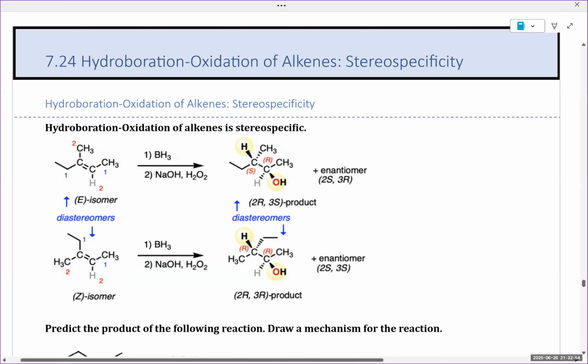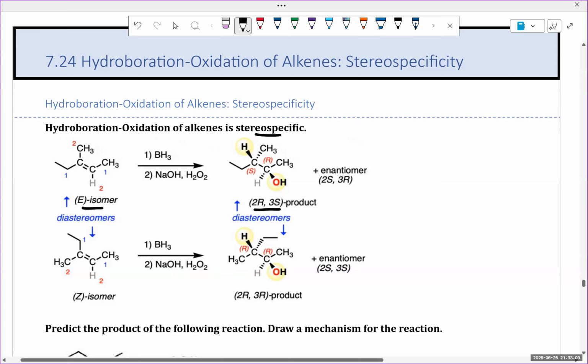Now, it's important to note that hydroboration oxidation is another example of a stereospecific reaction. If you start with an E-alkene, you get a defined product stereochemistry. If you start with the Z-alkene, you get a diastereomeric product.